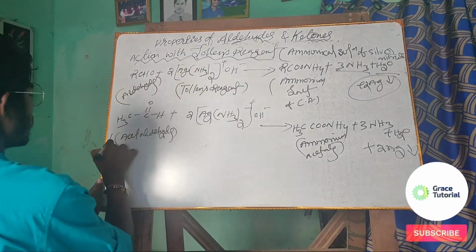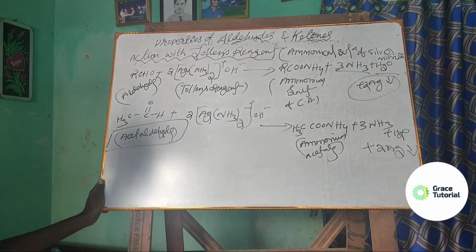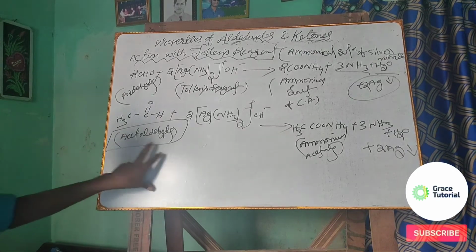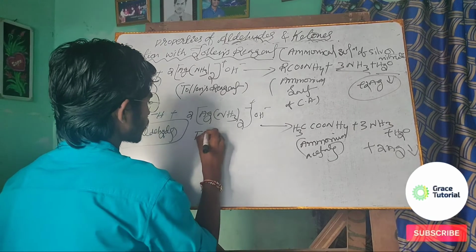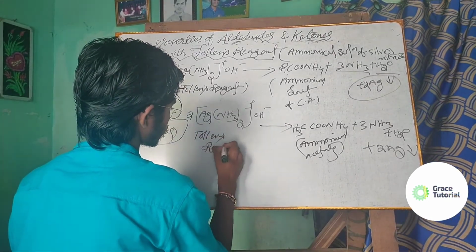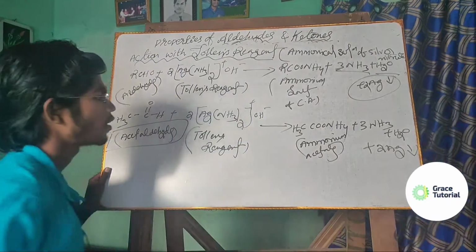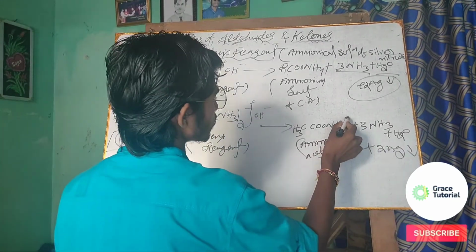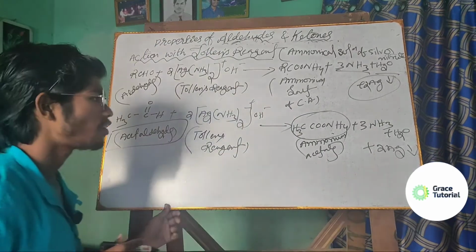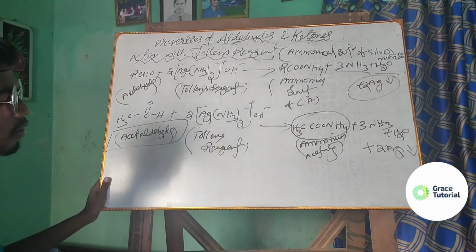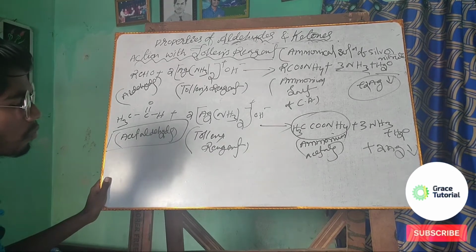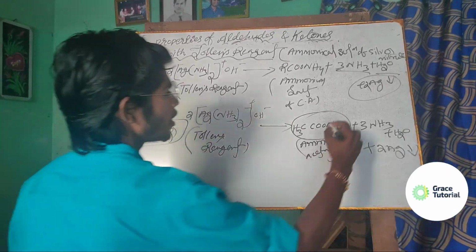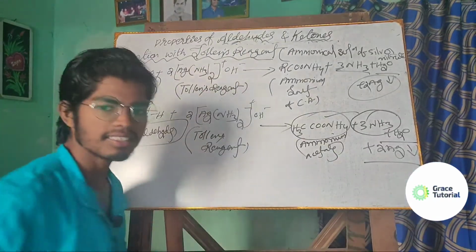So in the specific example, when acetaldehyde reacts with the Tollens reagent, then ammonium acetate, CH3COONH4, is obtained along with the 3 molecules of ammonia, water, and a silver mirror is also obtained.